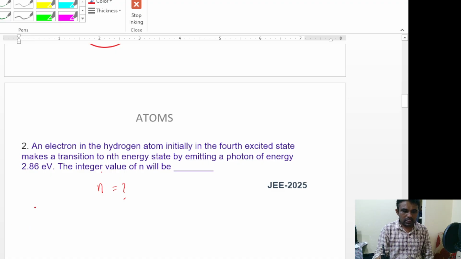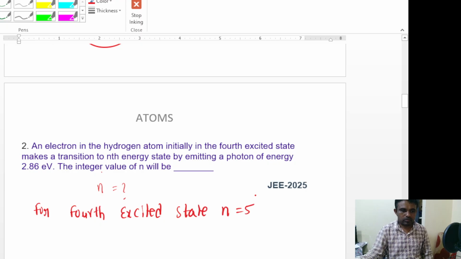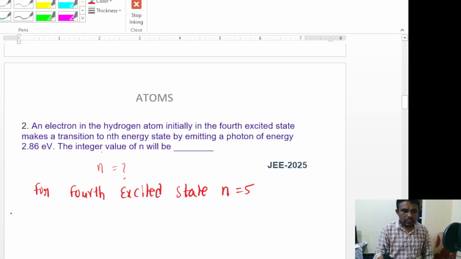For fourth excited state, n is equal to 5. So energy is given, 2.86 electron volts. The value of n we have to find.